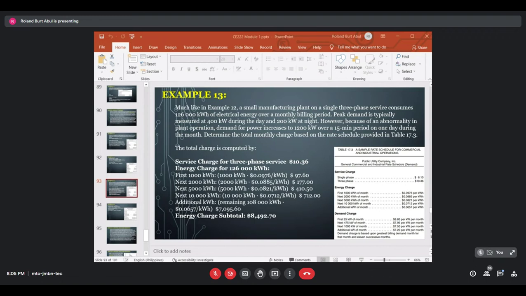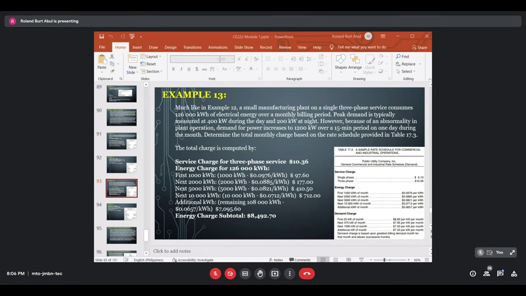The 2,000 kilowatt hours are multiplied by $0.0885 per kilowatt hour, so the result is $177. Next, from the remainder of 126,000 minus 1,000 and minus 2,000, we take 5,000 kilowatt hours, multiplied by $0.0821 per kilowatt hour, which gives us $410.50.